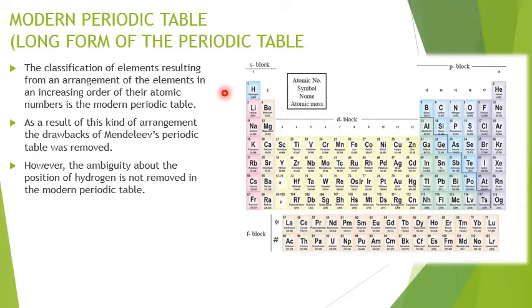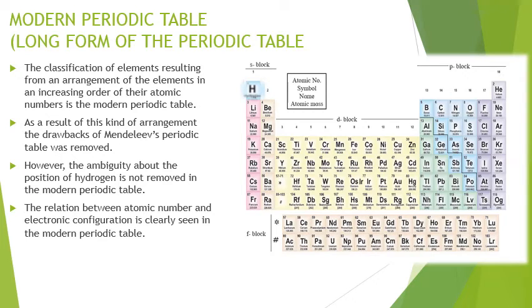So hydrogen, you may see, is one of the lonely elements that doesn't have a specific, fixed place. It resembles the properties of alkali metals also, and it resembles the properties of halogens also. So that is why this demerit was not removed in the modern periodic table also.